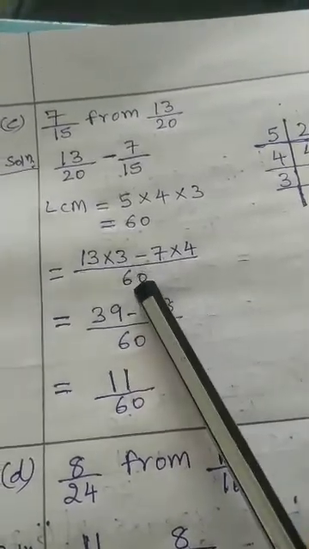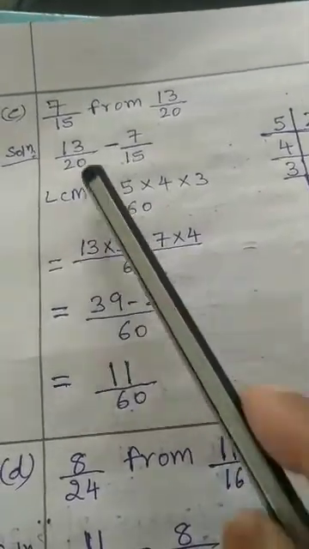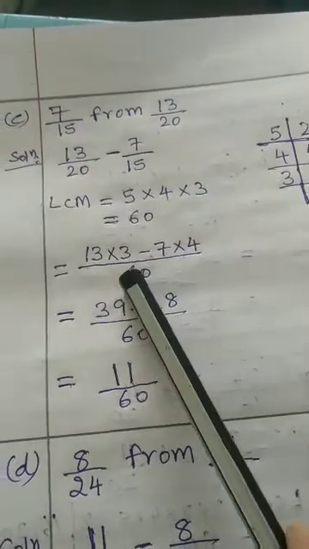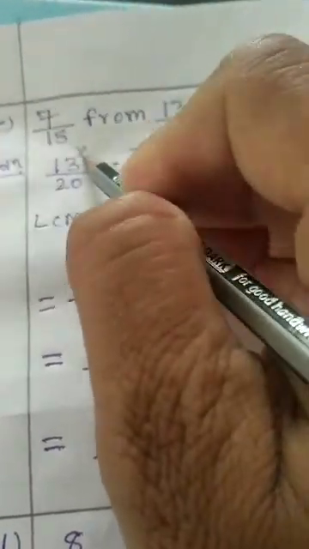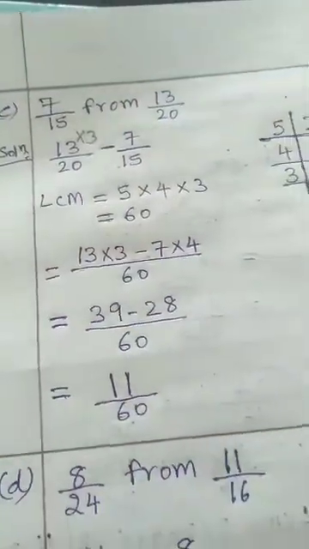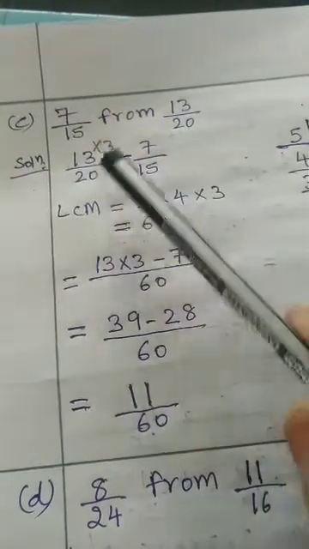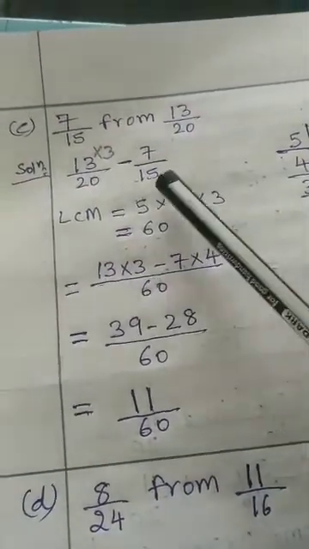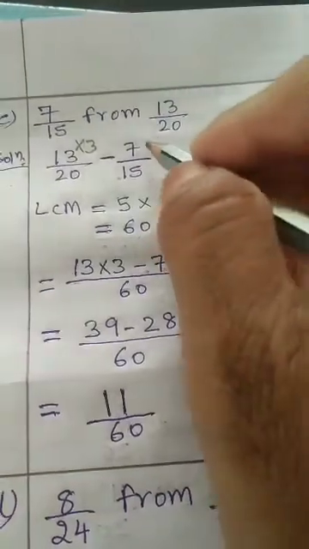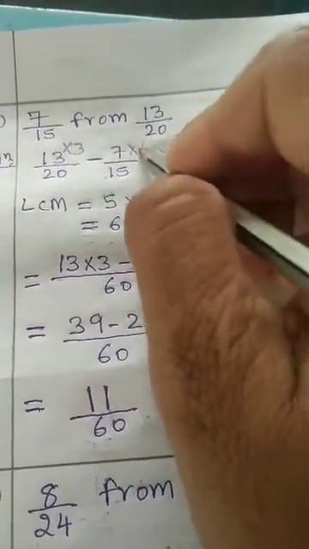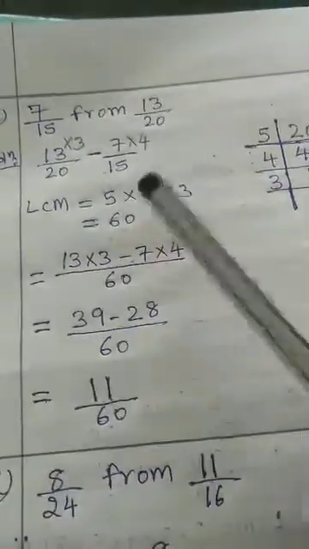Now compare this 60 with these denominators. 20 into how much is 60? 20 3s are 60. So that 3, if you forget, you can write here with pencil. Next, 15 into how much is 60? 15 4s are 60.